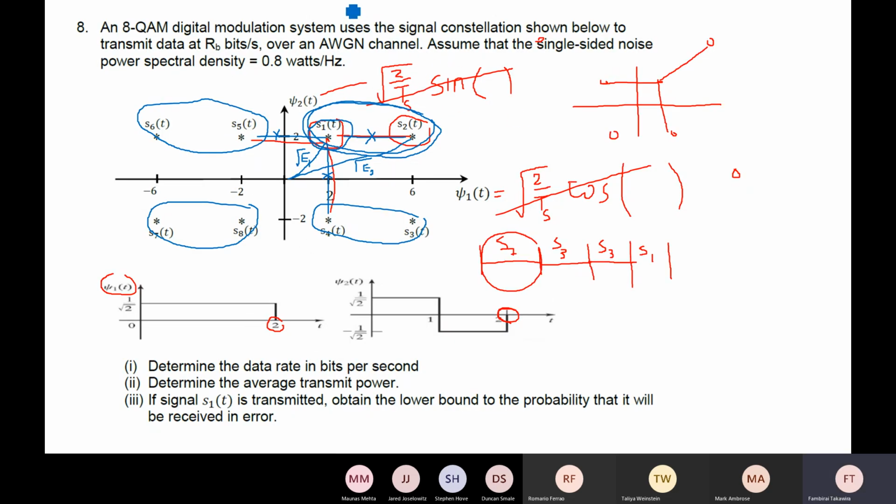The distance between S1 and S2 is 4, because this has coordinates of 2, 2, and this has coordinates of 6, 2, which means the difference is just the x-axis displacement, which is 4. Likewise, the distance between S1 and S4 is 4, and the distance between S1 and S5 is 4.